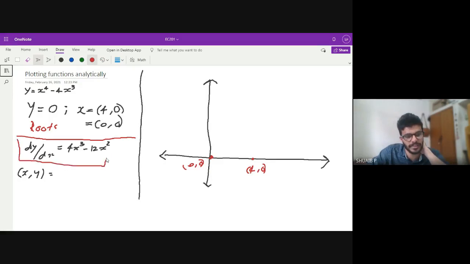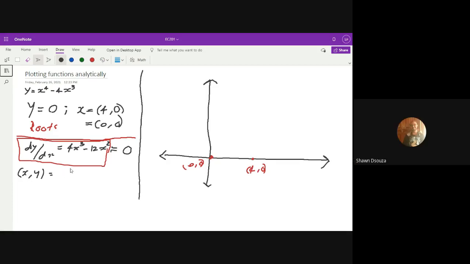We equate it to 0 and solve, and the solutions that we get would be the extrema. Then we can take the second derivative and see if its value is positive or negative, which will inform us about whether the extremas are minima or maxima.